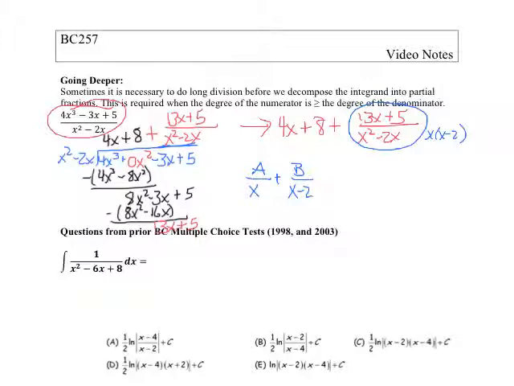Which gives us A(x - 2) + Bx is equal to 13x + 5, which means A + B = 13, and -2A = 5.